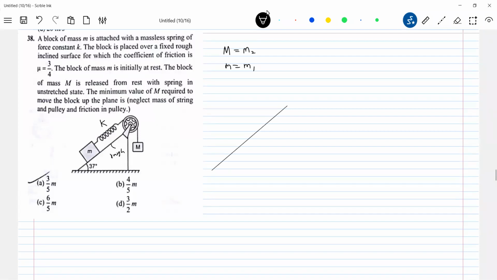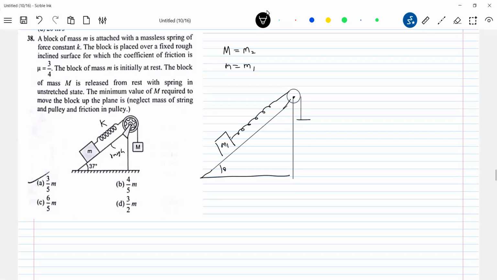So the block M1 should shift here. So first I'll release it. Now I'll release from rest here.